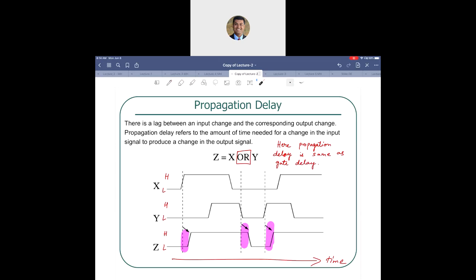A gate delay is for just one gate: the time it takes for the output of the gate to change after the input has changed. So the same kind of definition that is provided on the slide here. However, propagation delay is with respect to a circuit, gate delay is with respect to a gate. In this case, there is only one gate in the circuit, so propagation delay is the same as gate delay here.